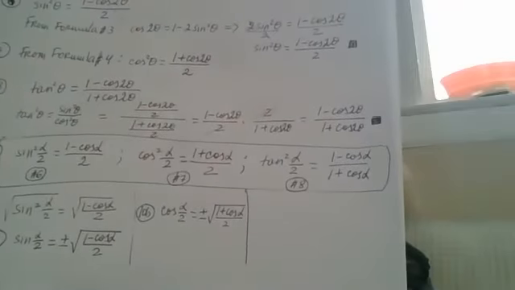So again, if we have the second formula from box number 9 and take square root from both sides, we will get cosine alpha over 2 equals plus or minus square root of (1 plus cosine alpha) over 2. And this is in your textbook formula number 10b. I even separated them. 10b.